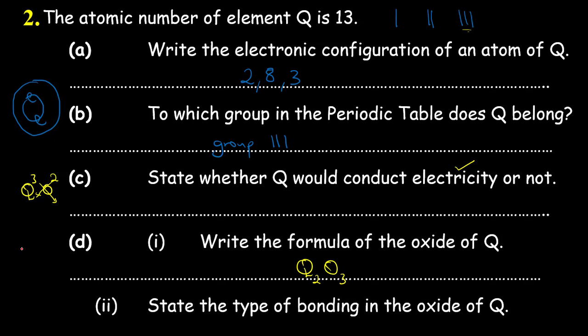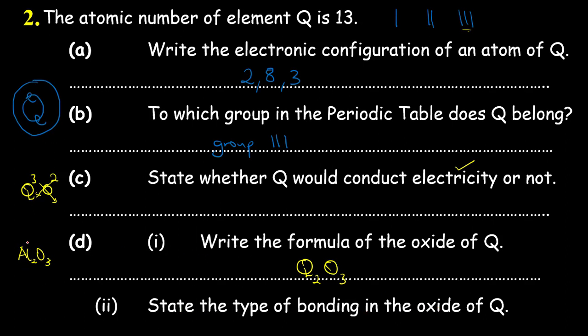Just like our aluminium oxide will be, just that in this case our Al is our Q. So this will be the formula of the oxide, but please don't replace Q with aluminium because we didn't identify it, so you have to maintain it as Q.